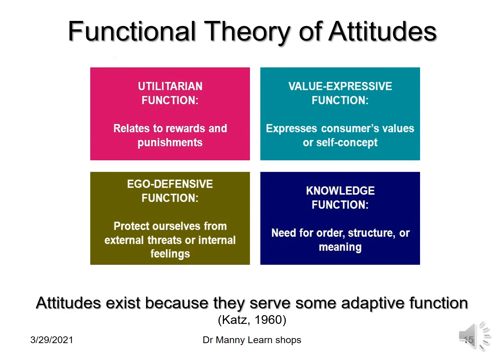The ego-defensive function is just to protect ourselves from external threats or internal feelings. Not physical, this is emotional. Then you've got the knowledge function, where there's a need for order or structure or meaning to why the attitude is there. Attitudes exist because they serve some sort of adaptive function.